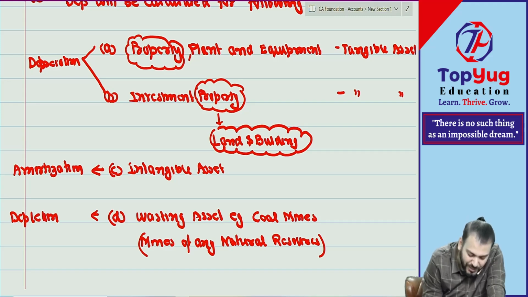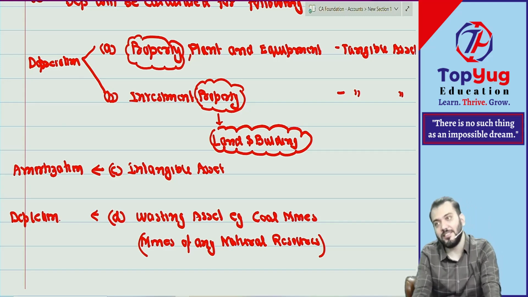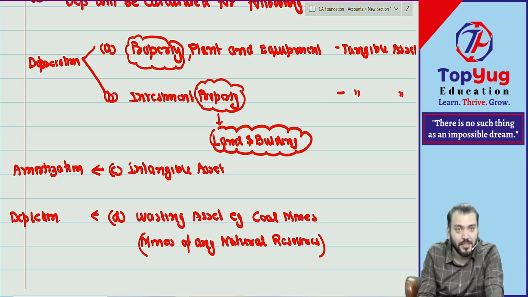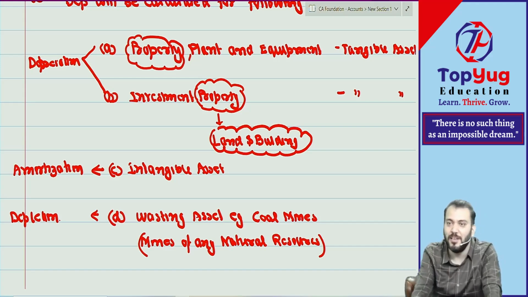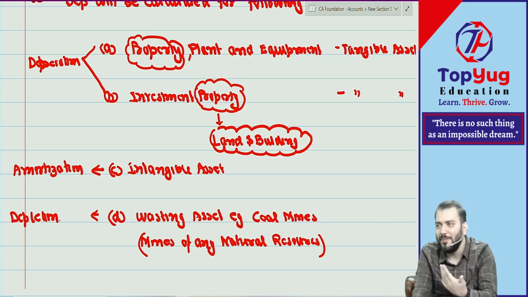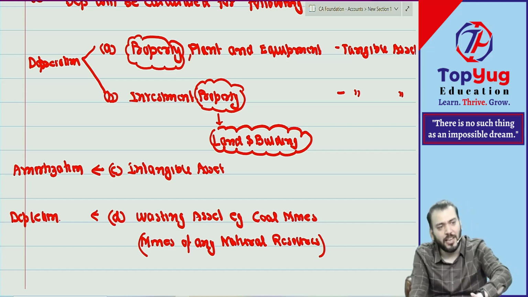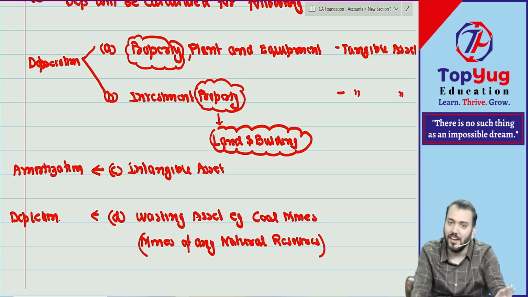But all are the same. Depreciation, amortization and depletion are the same. We call it depletion for wasting assets, amortization for intangible assets and depreciation for tangible assets. This is a way of using that terminology. But from a calculation point of view, depreciation, amortization and depletion are the same.